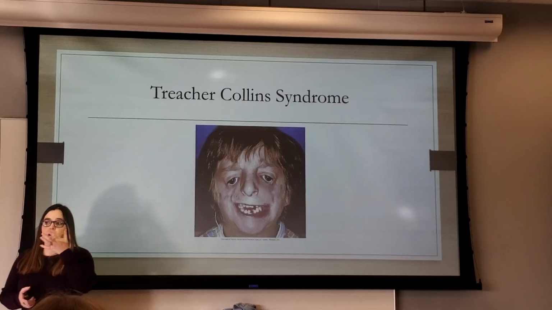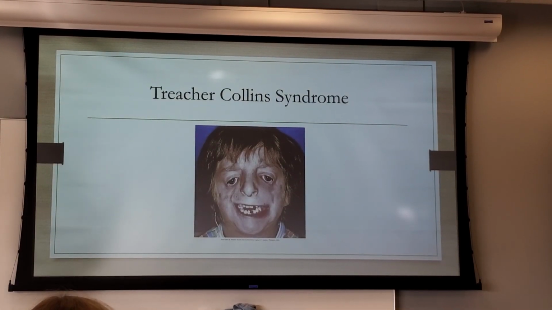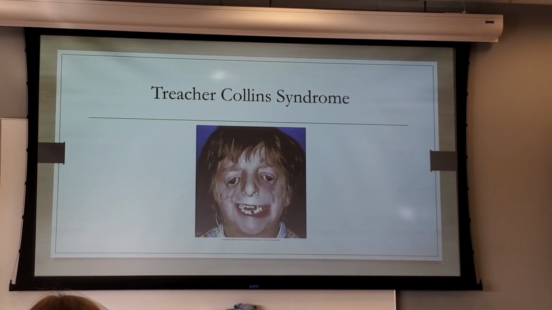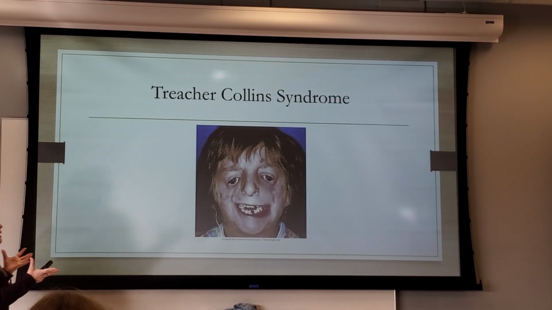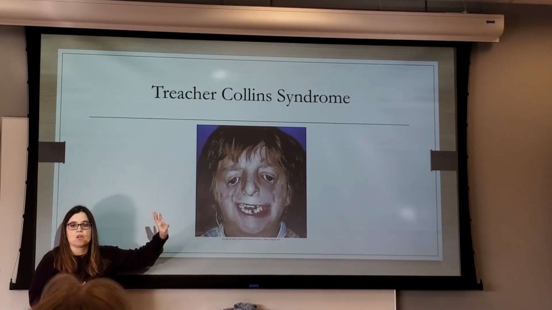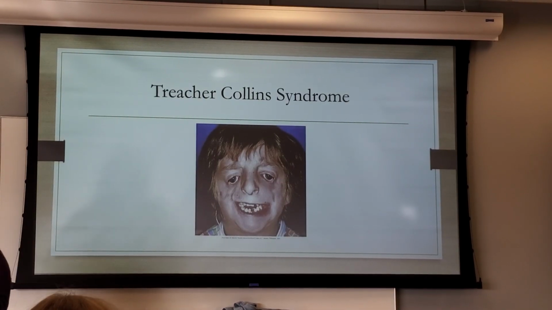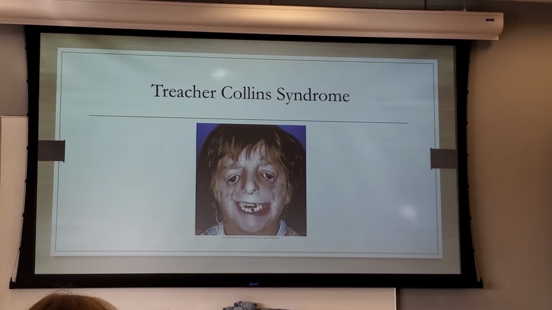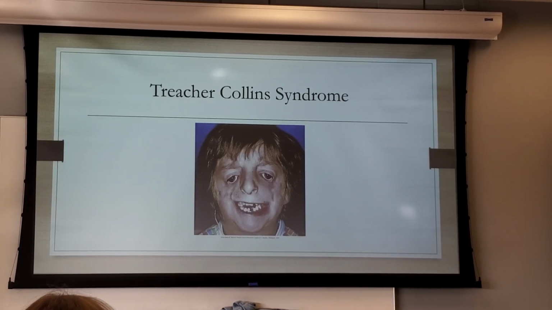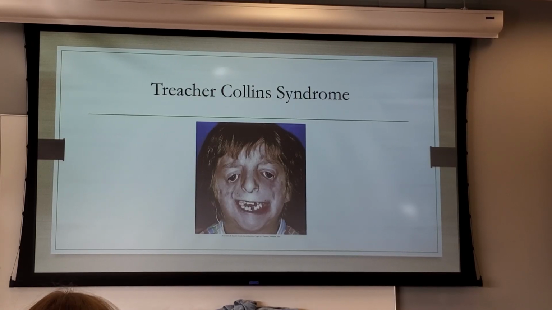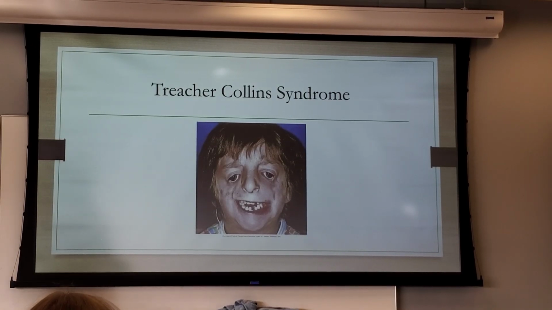So where our eyes are placed, where our nose is placed, where our lips and our teeth, all of the structure of our head and neck, where it's supposed to live, textbook, is because of those neural crest cells migrating where they're supposed to. When you have abnormal migration of those neural crest cells that come off of the folding and fusing of that tube, you end up with a condition, again happening during our first trimester, which would be a congenital malformation, because of improper migration of those neural crest cells.